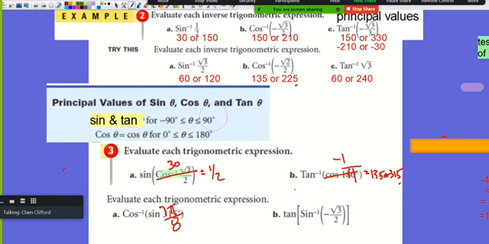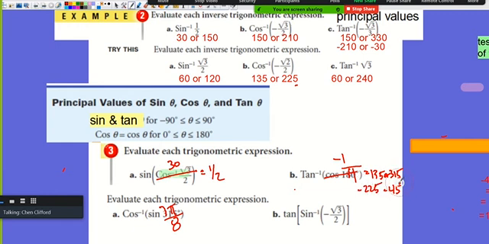The answer is none. None of them do. So we convert these into the negative versions, and it becomes -45 or -225.